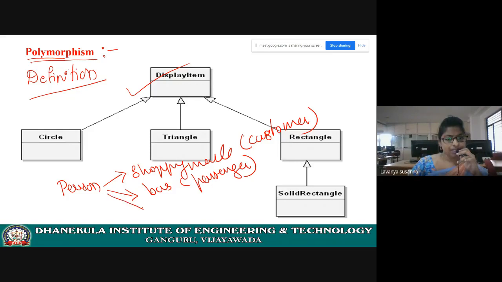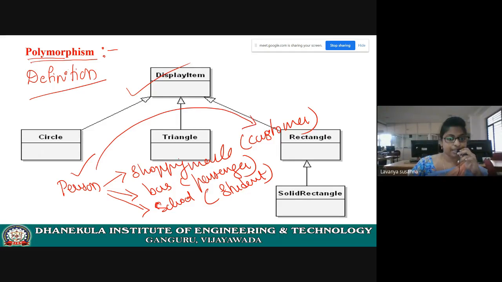While a person is in college or a school, he will be treated as a student, right? So one person is exhibiting different behaviors. Same person is exhibiting different behavior.